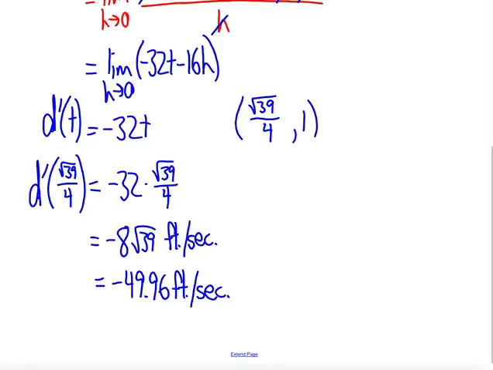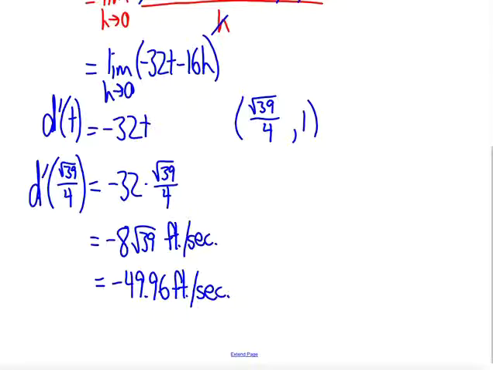I can't remember exactly what they were. We got a negative 50 at one point. I think it shouldn't ever go above it, but I think that's partly because we rounded to 1.56 when we were doing the exploration. But this is the exact speed that it's going as it's falling towards the ground.